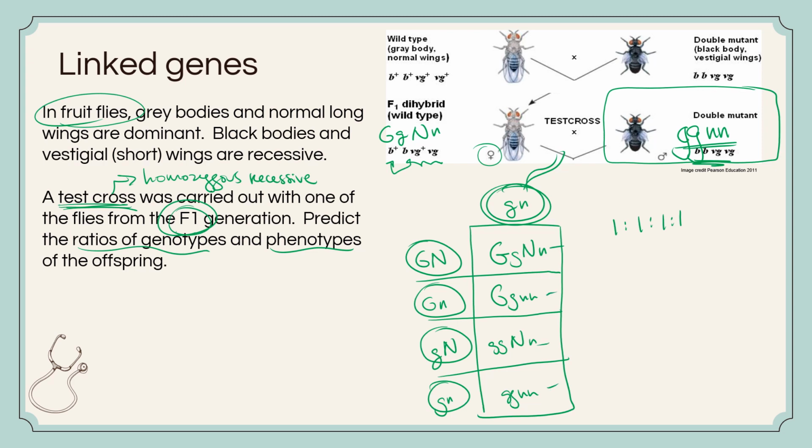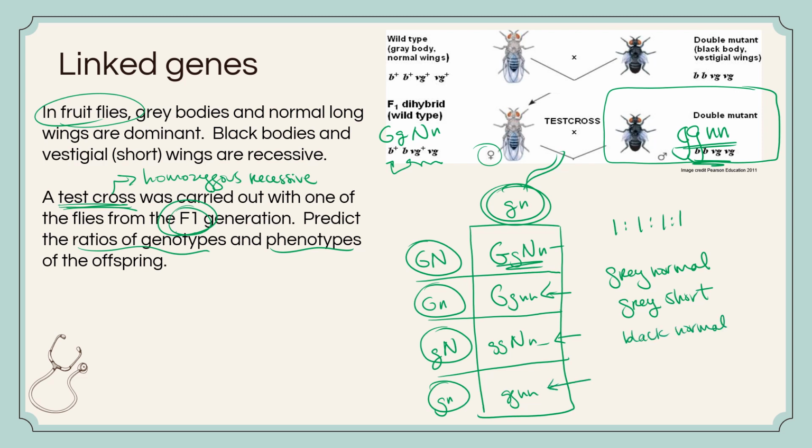Let's talk about phenotypes. This one is going to be gray and normal. A fourth of the offspring should be gray and normal. A fourth of the offspring should be gray with short wings. A fourth of our offspring should be black with normal wings.